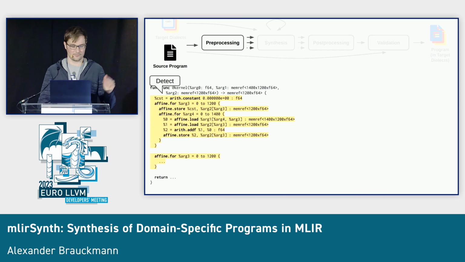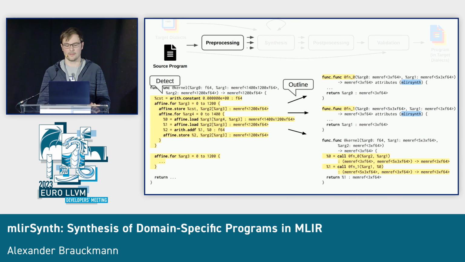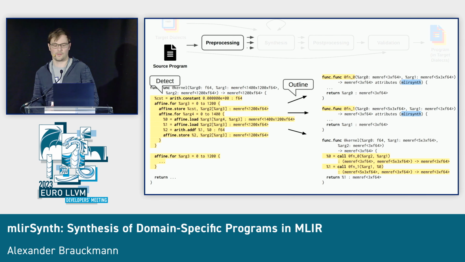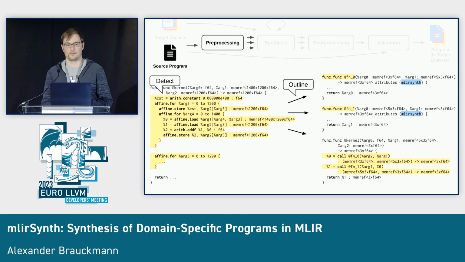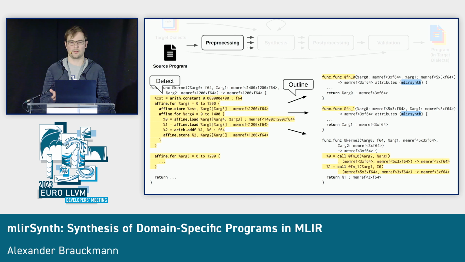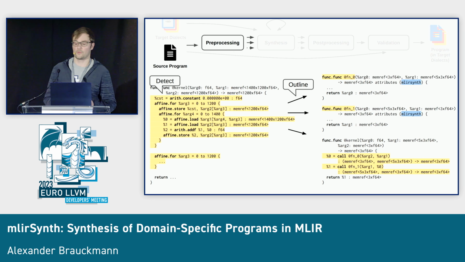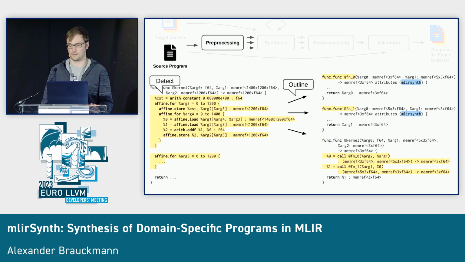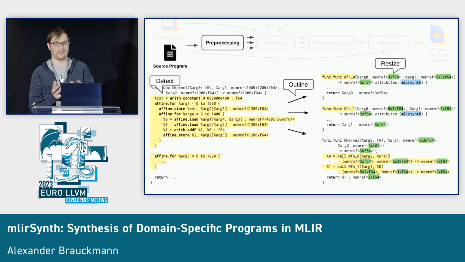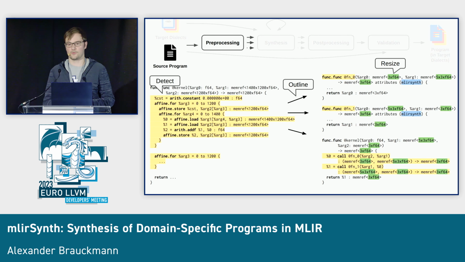In this case, we have two regions, and now we outline these regions into separate functions. Each of these functions represents a separate problem where we can run our synthesizer. The synthesizer knows what functions to synthesize by this attribute that we have. And finally, we also scale down the functions so we can run the search faster.